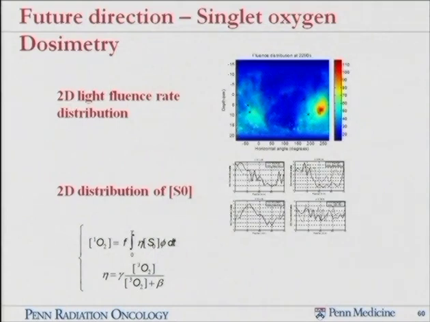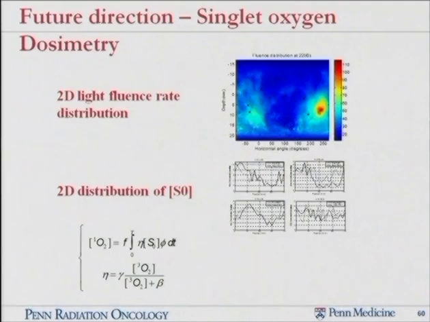We are still working on how to determine the two-dimensional distribution of sensitizers. But one good thing is we found that the sensitizer distribution before and after our treatment, at least in all the treatments I've seen, photofrin or HPPH, doesn't change.